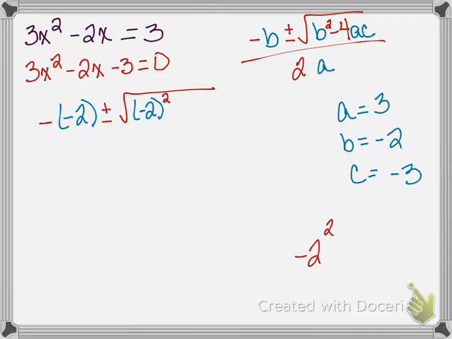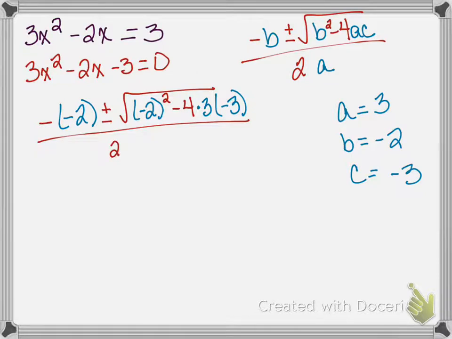It means just square the 2. So don't write it like that because you won't remember to square the negative. Okay? Minus 4 times A times C. And all of this is over 2 times A.